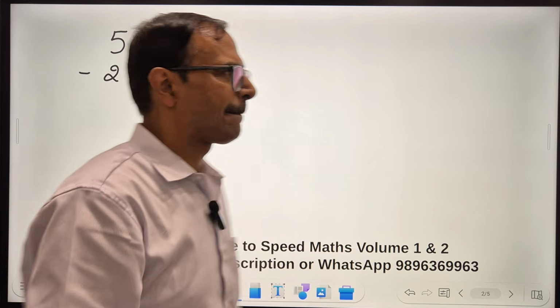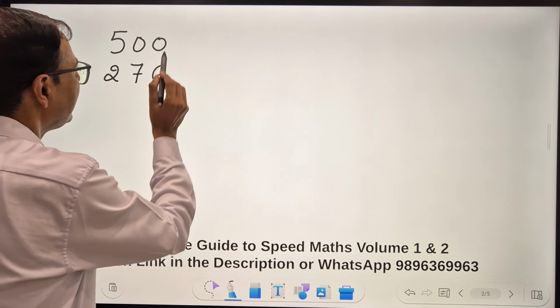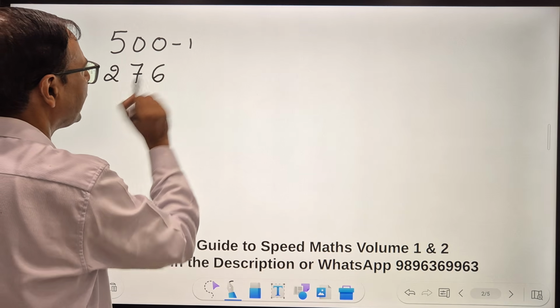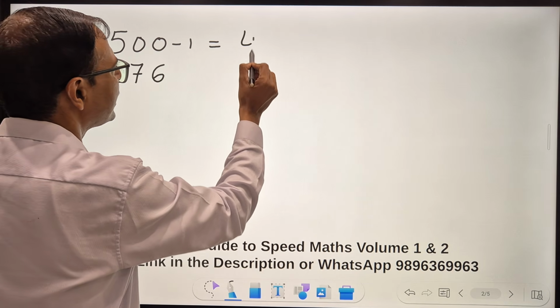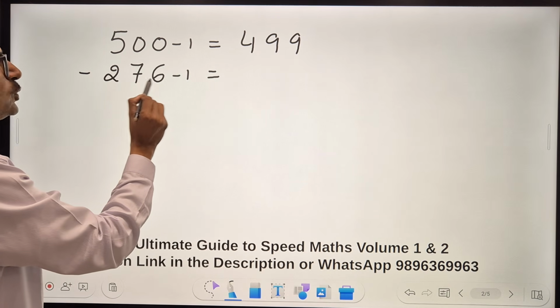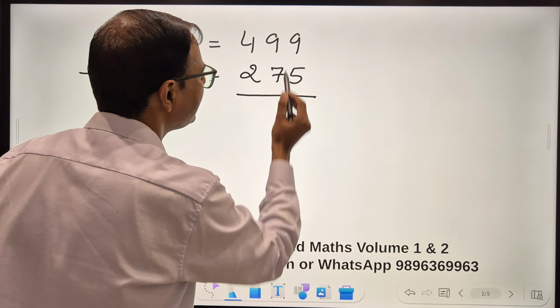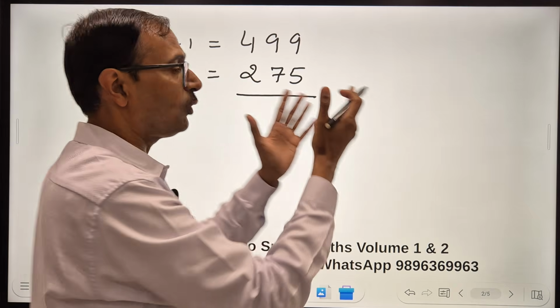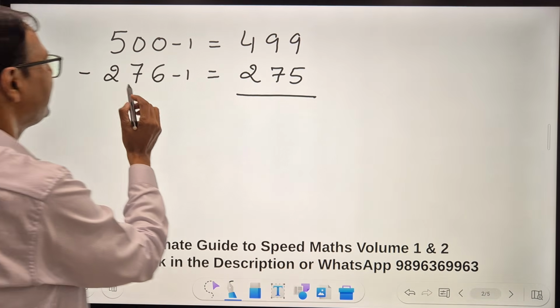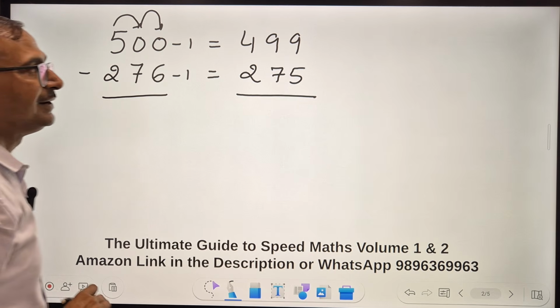So let's simplify. So instead of doing 500 minus 276, let us reduce the first number by 1, which gives me 499, and reduce this number by 1, which gives me 275. And suddenly, subtraction here does not involve any borrowing. Here, it was all borrowing from here to here, from here to here.